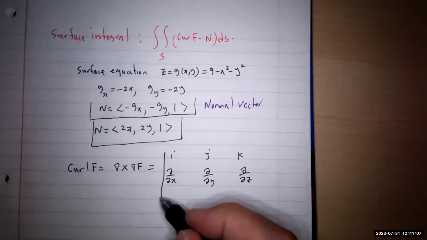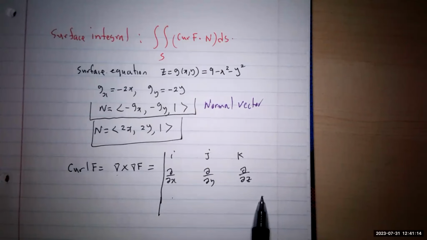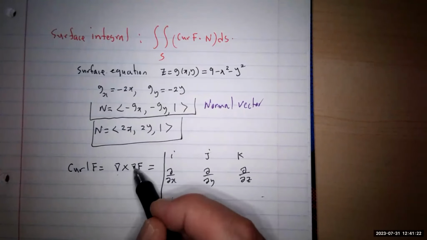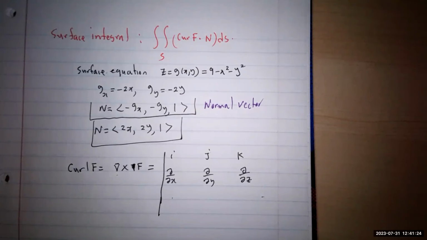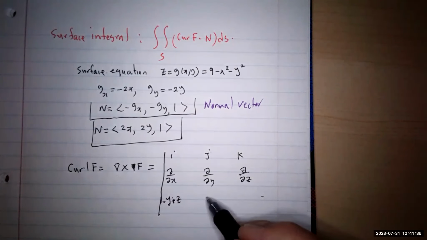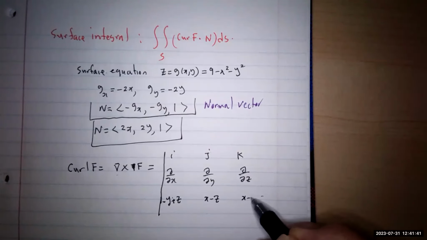Now the next row is going to be the function that we have. Curl is just del cross F. Del cross F, as I put F here, the P, Q, R, so that's negative y plus z, x minus z, and x minus y.